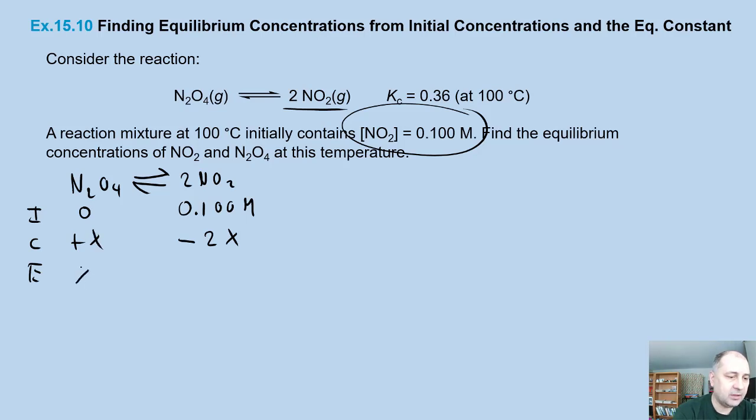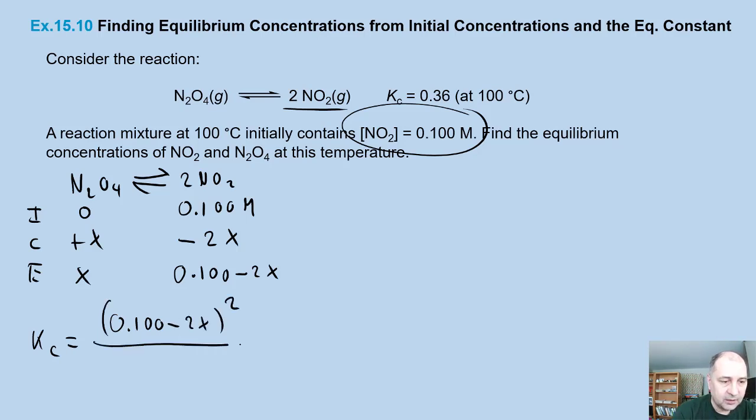I bring it all down, x, and this will be 0.100 minus 2x. If I put this into Kc, we have 0.100 minus 2x squared divided by x.